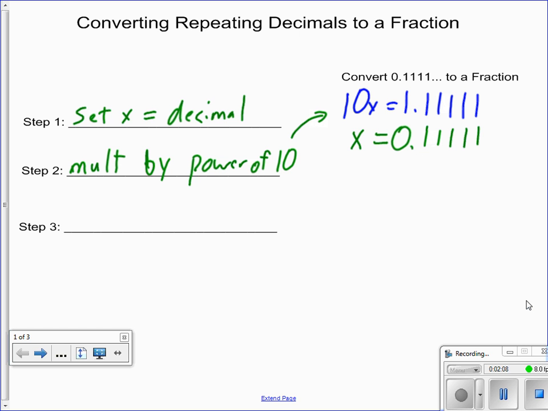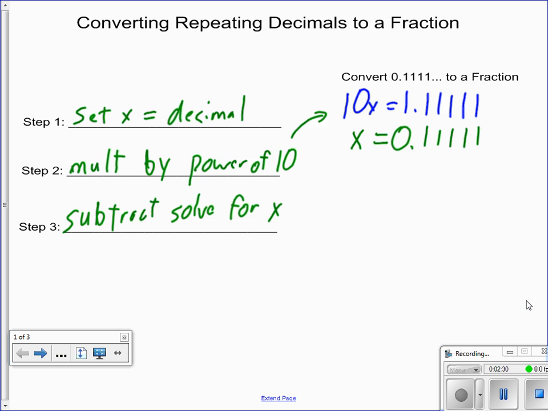Now, the last step, subtract, then solve for x. I know we haven't got too much into equations yet, we'll get to them later this year. So you're going to have to recall some of that stuff from last year.